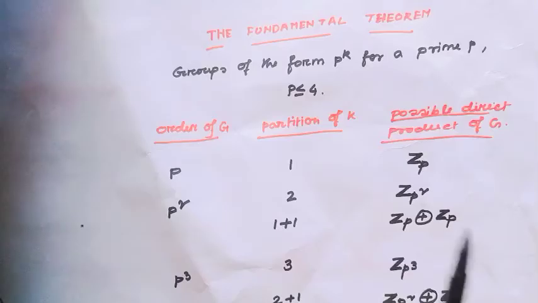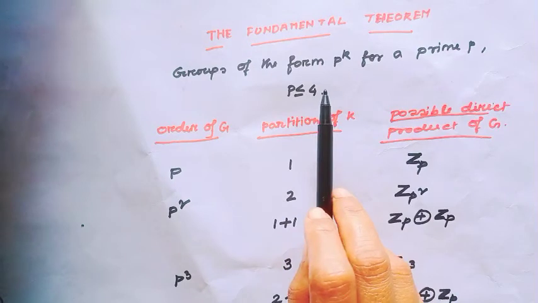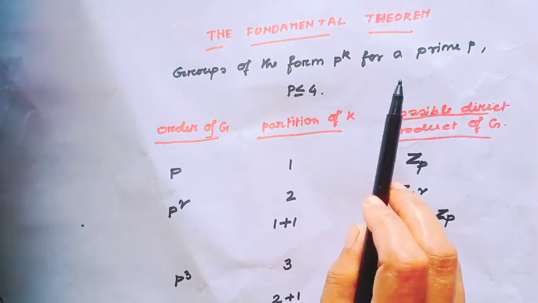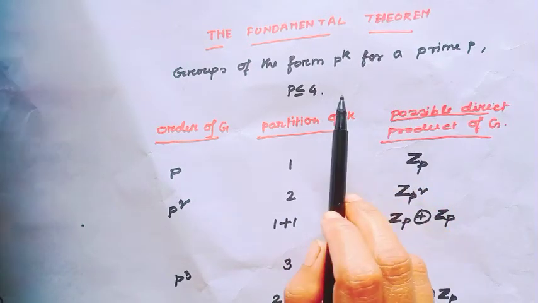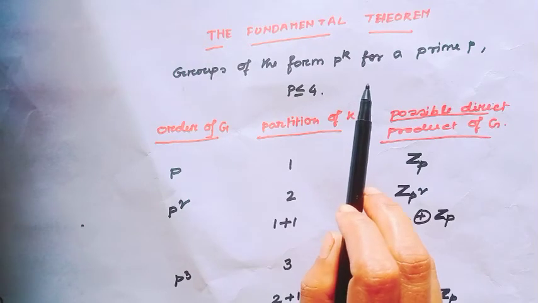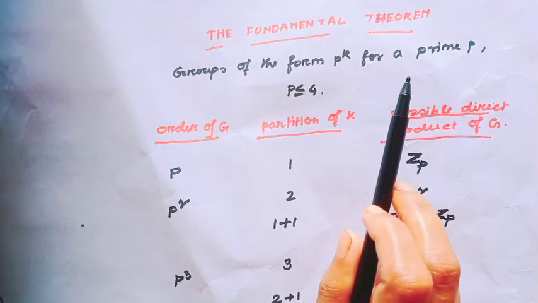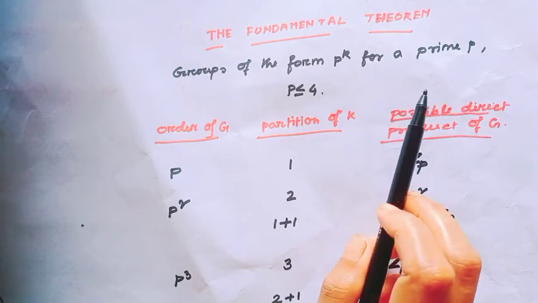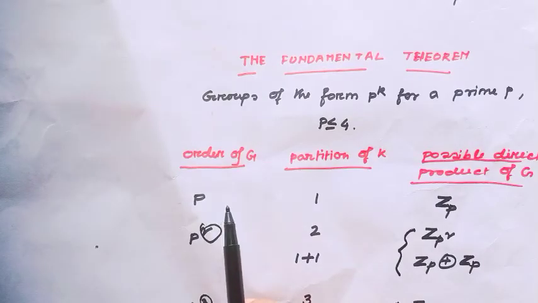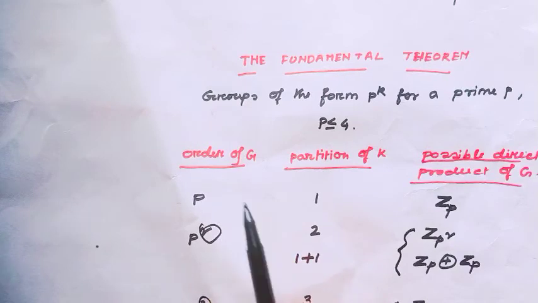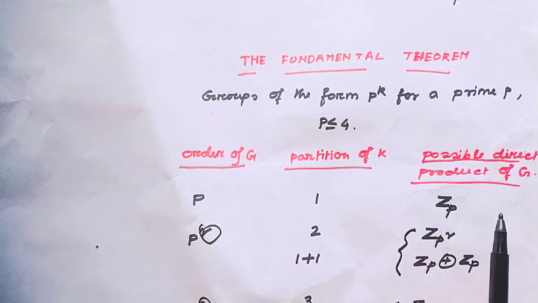Okay? Now let's see one more example. Groups of the form p to the power k for a prime p when k is less than or equal to 4. Because I have told you this theorem only tells about prime power. At first see the group of order p. Since here the power is 1, there exists only one possibility. This is Zp.